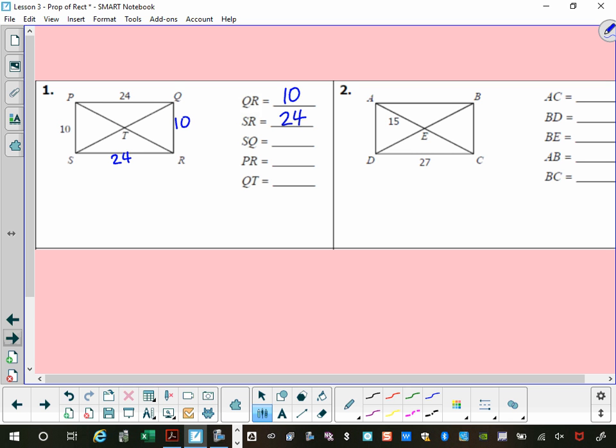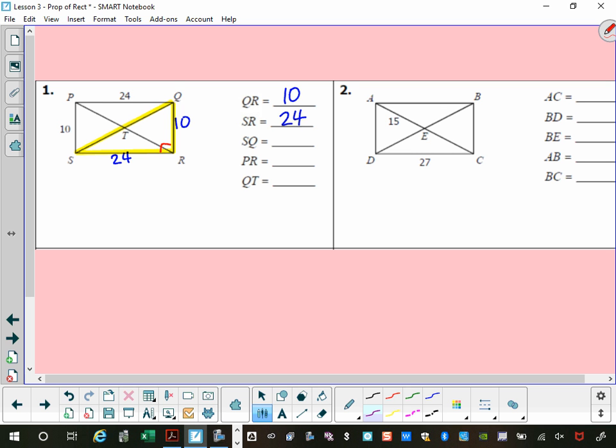What about SQ? Do I know what SQ is going to be? That's what everyone thinks, but it's not 24. Take a look at this rectangle, and in your mind, or with a highlighter, let's make it into a right triangle, because that's a right angle, right?